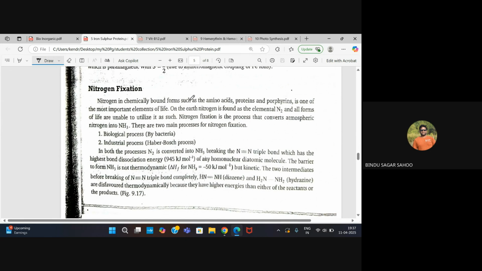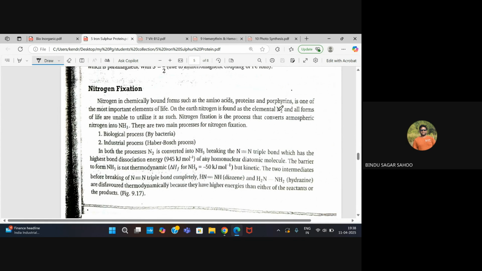Porphyrin rings are a part of hemoglobin. These molecules we can form when nitrogen is available. But in nature, nitrogen is available in the form of diatomic molecule N2. So from N2 to amino acid formation, or simply from N2 to ammonia gas formation, we need to break this bond in the N2 compound.